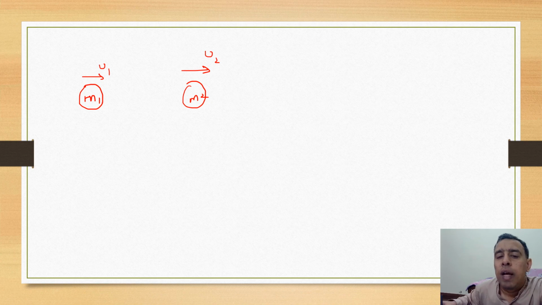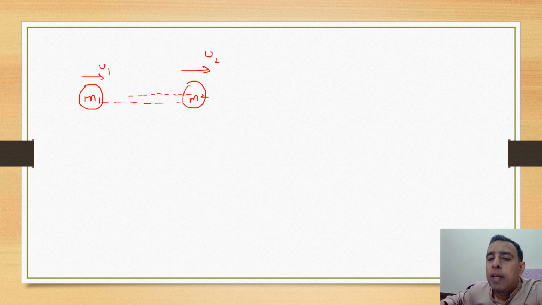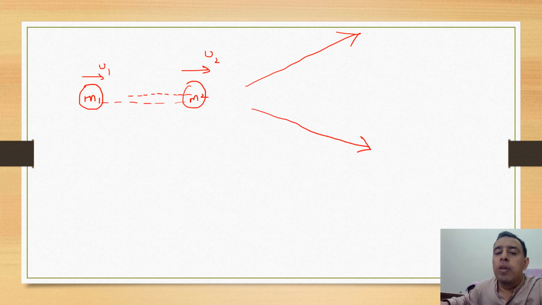but they don't have a head-on collision, meaning their centers are not going to coincide. It means after the collision they move in different directions, like this one and this one. They are not moving in a straight line because they don't have a head-on collision. Their centers are in fact not going to coincide with each other.